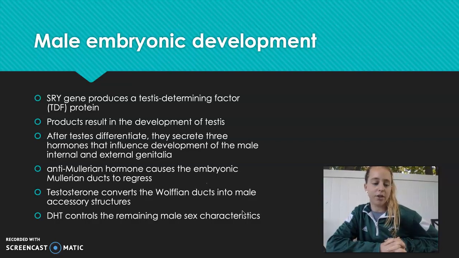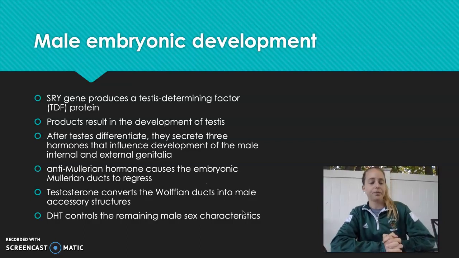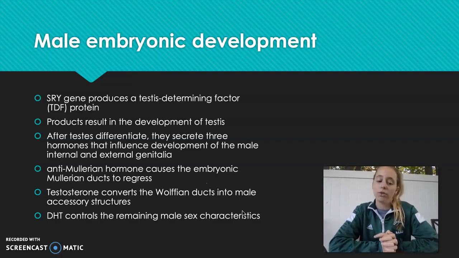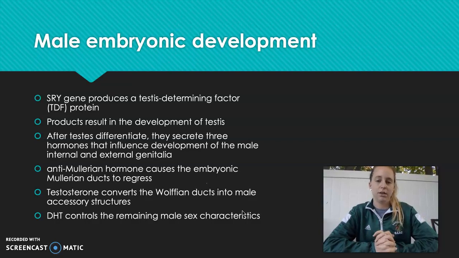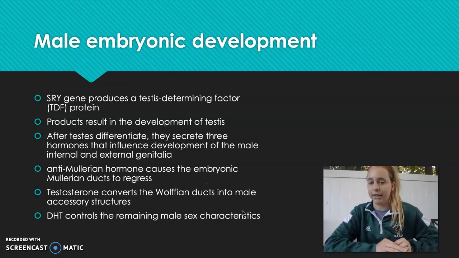Testosterone converts the Wolffian ducts into male accessory structures, such as the vas deferens, epididymis, and seminal vesicle. Testosterone can also control the movement of the testes from the abdomen into the scrotal sac. DHT controls the remaining male sex characteristics, such as the differentiation of the external genitalia.